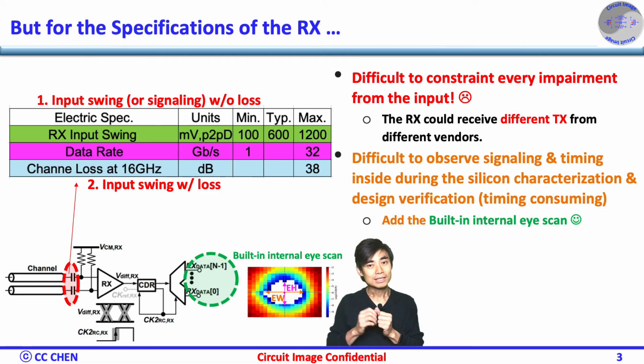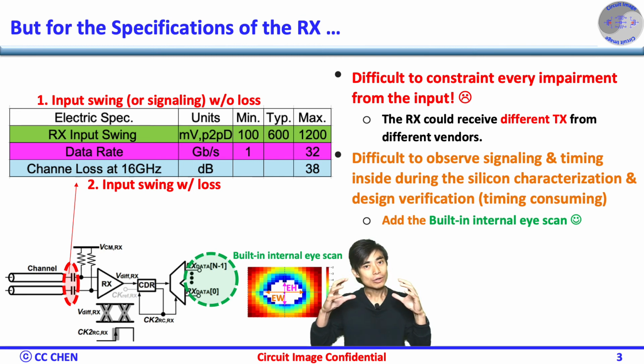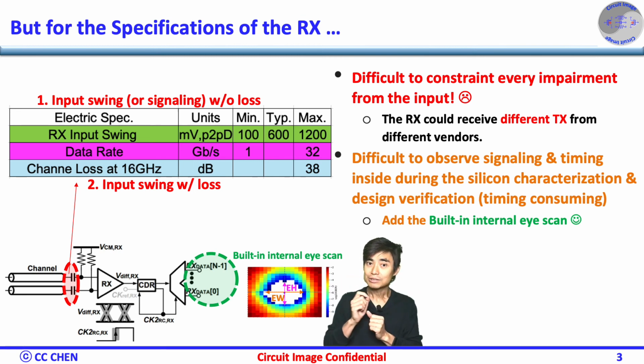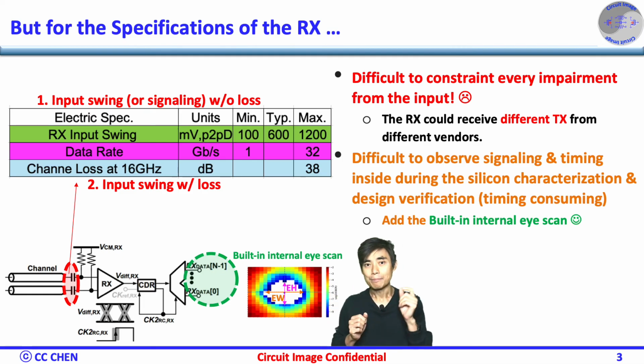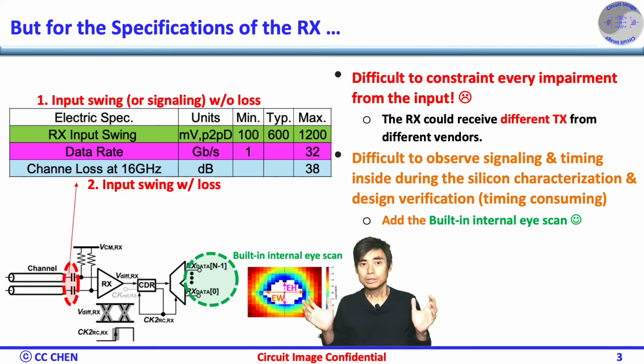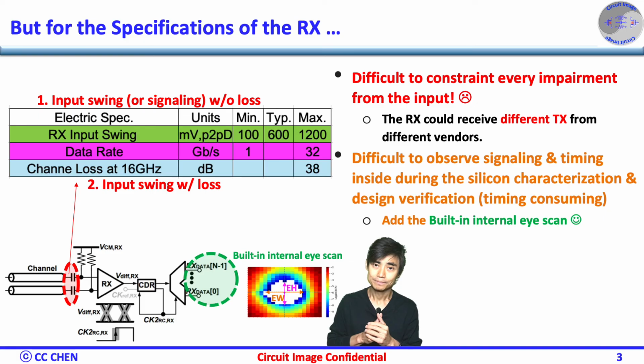In addition, the eye or bit array control performance of the inside signaling and timing is difficult to observe and bounded during the silicon calibration and design verification due to its time consuming nature.